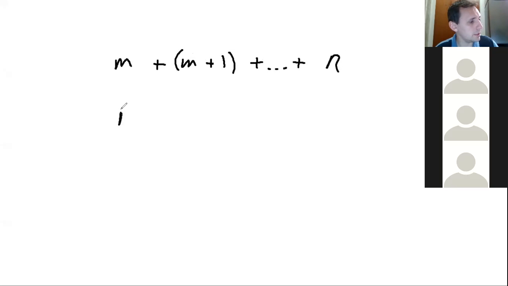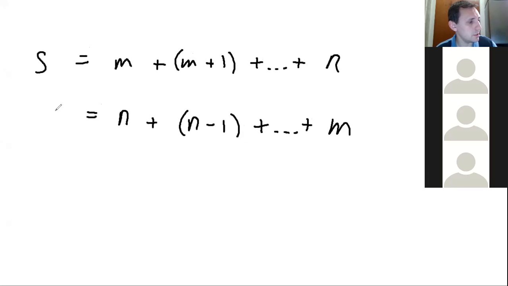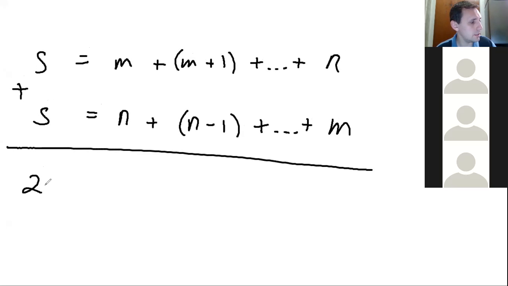Or I can write it as n plus n minus 1 all the way to m, right? And of course, both are summations that equal S. So if I add them, I see that 2 times S equals what?